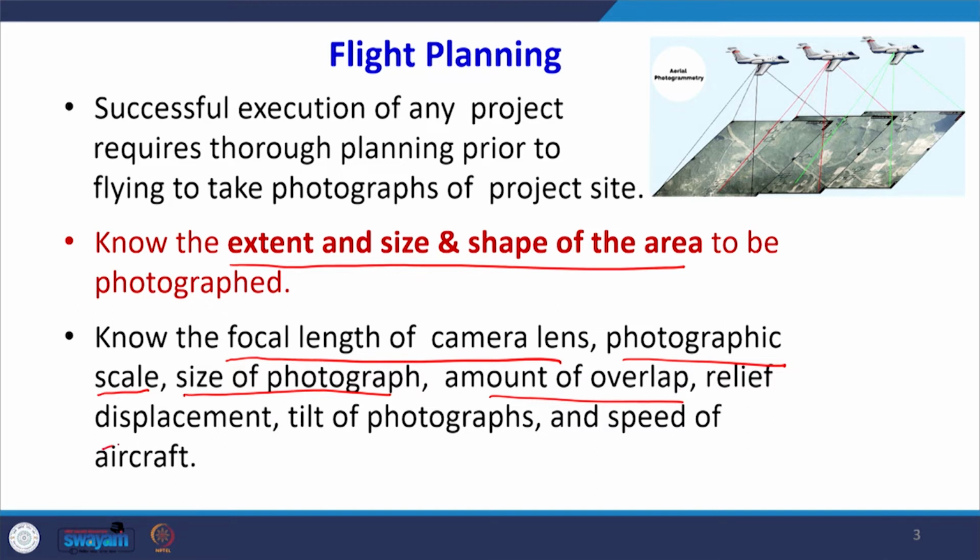What will be the relief displacement in the area, looking at the minimum and maximum elevation, what will be the speed of the aircraft, and so on. All these parameters are very important whenever the photographs are taken.